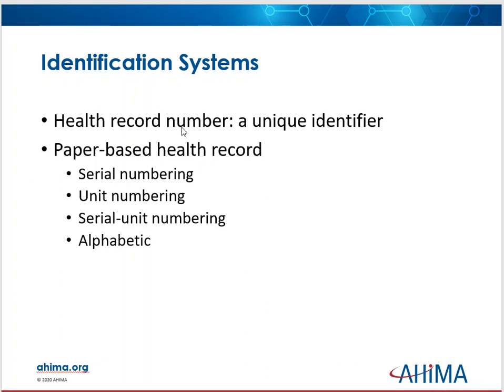So circling back to identification systems, you've got the health record number, or a medical record number, is a unique identifier. Each person has a unique medical record number. In the paper-based health record, you've got all these different types of ways of filing and identifying that medical record number and that patient.